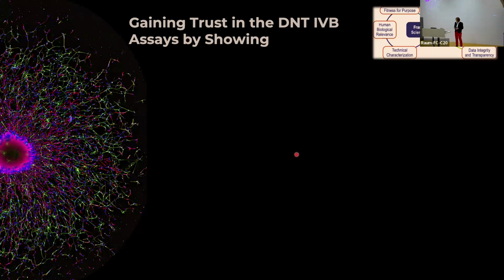So how do we now gain trust in the in vitro battery assays? This is exemplified with neurospheres, but all the other test developers have done more or less similar experiments with their spheres. For one, of course, you have to show the reproducibility. I'm not going to show you data, that's kind of boring, but you have to do your homework.